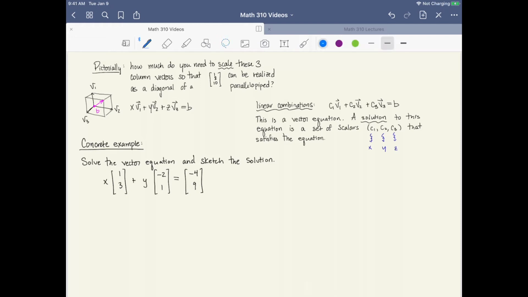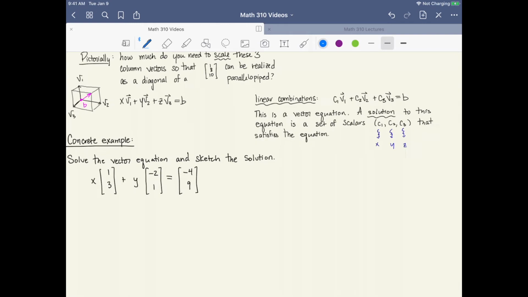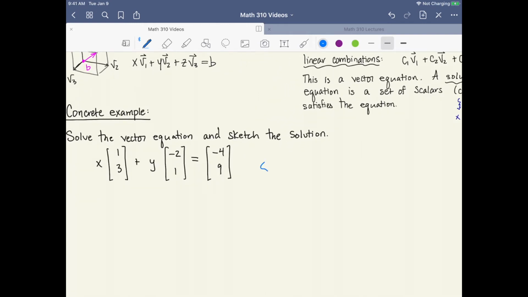So notice that this is a repackaging of what we're used to looking at. This vector equation is the same thing as the system of equations x minus 2y equals -4 and 3x plus y equals 9.